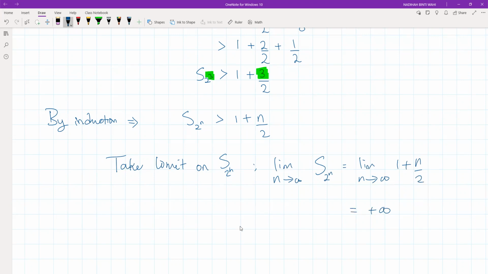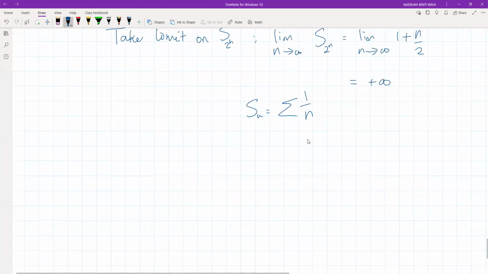So in this case, the series of 1 over n diverges.